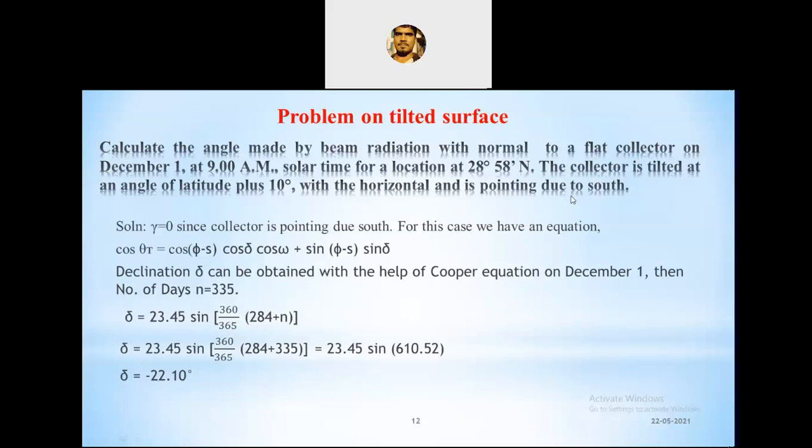If you substitute and simplify, delta will become minus 22.10 degree. So on December 1st the declination is minus 22.10. On December 22 it reaches the maximum declination of 23, but on December 1 it is less, so minus 22.1.